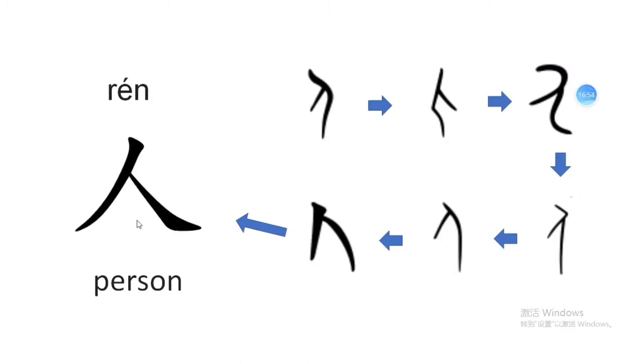And nowadays, it looks like this. So it is pronounced as 人. For example, Chinese means 中国人. Okay, 中国人. 人 means person, okay? See, this is how the person looks in the ancient times, okay?